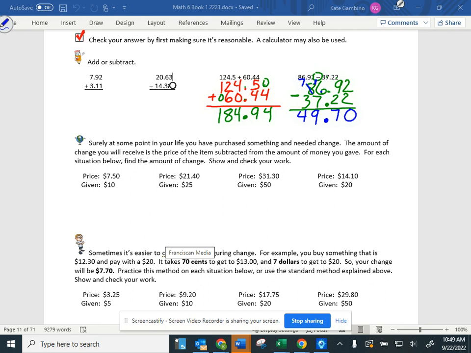So does it make sense to say 86 minus 37 is 49? Yeah, that sounds about right. Okay, so that's my checkpoint. Does it sound right?